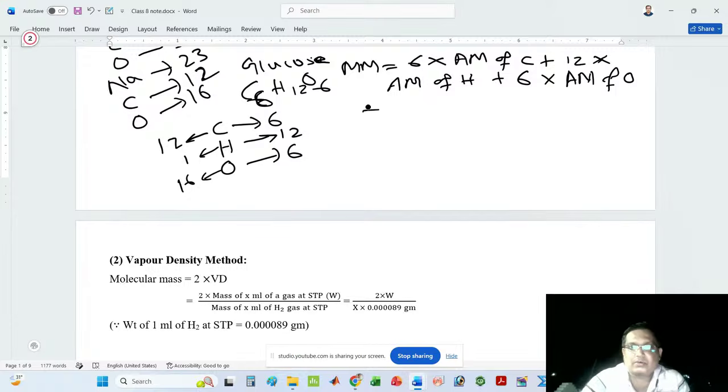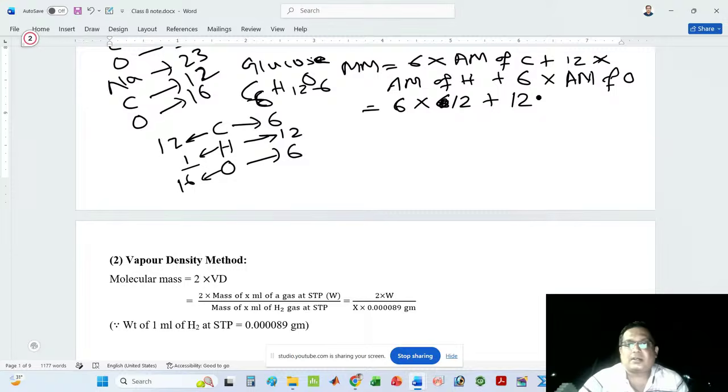Then I can write 6 into the atomic mass of carbon. Sorry, the atomic mass of carbon is 12, so I can write 6 into 12 plus 12 into the atomic mass of hydrogen. The atomic mass of hydrogen is 1, so I can write 12 into 1.